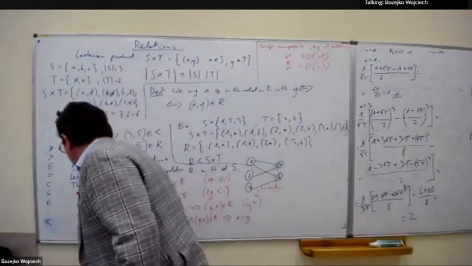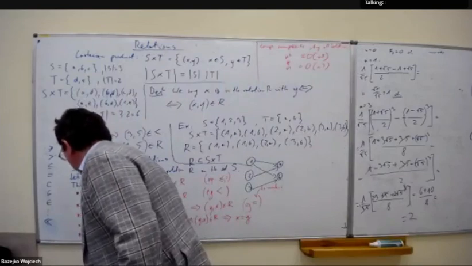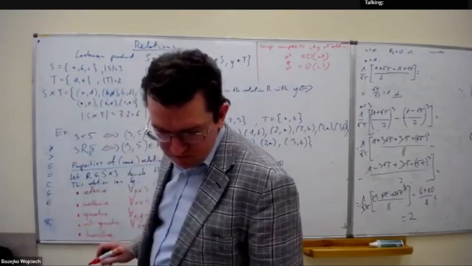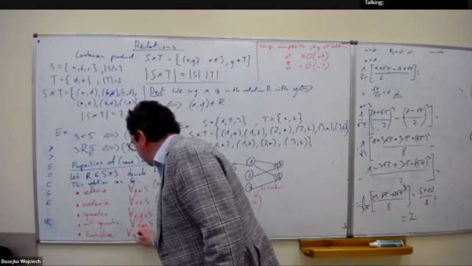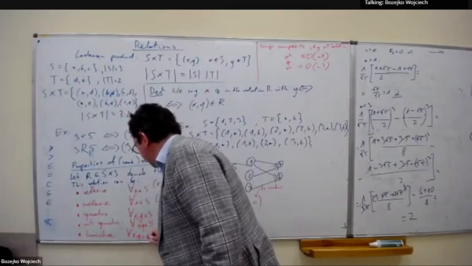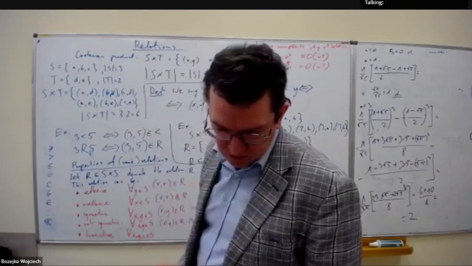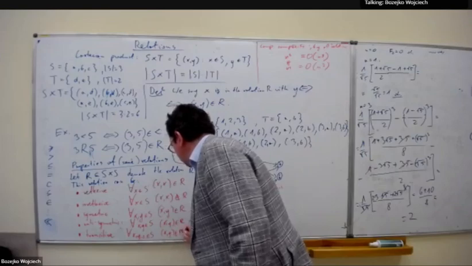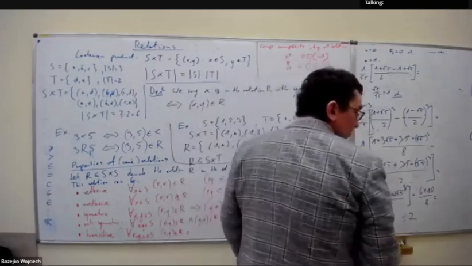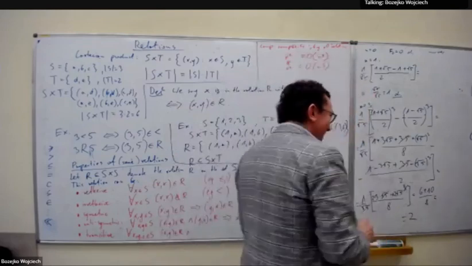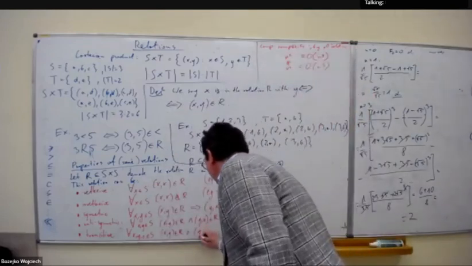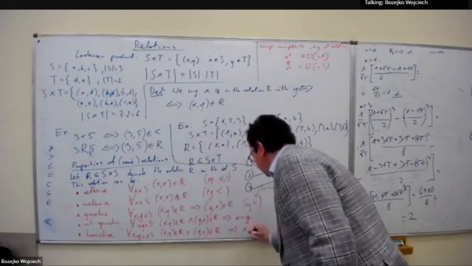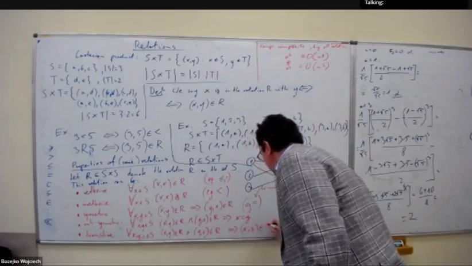And finally, the relation can be transitive. Transitive relation means that if we have three elements x, y, z belonging to the set, and if we have that (x, y) belongs to the relation and (y, z) belongs to the relation, that means (x, z) belongs to the relation.